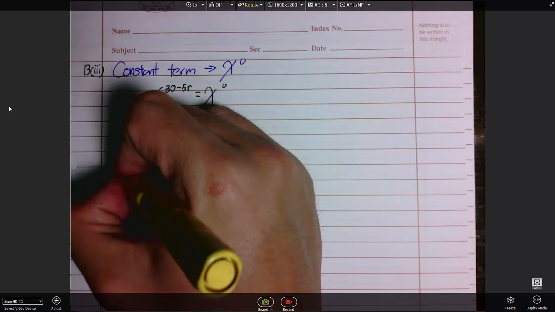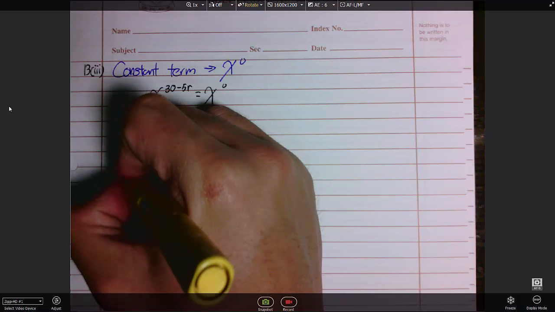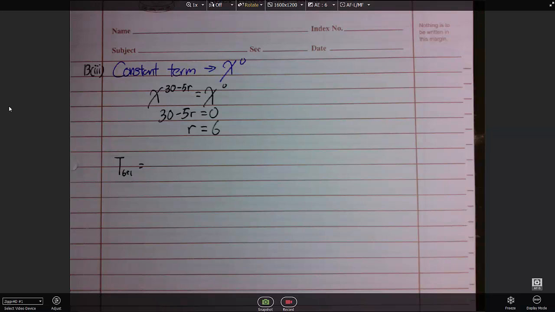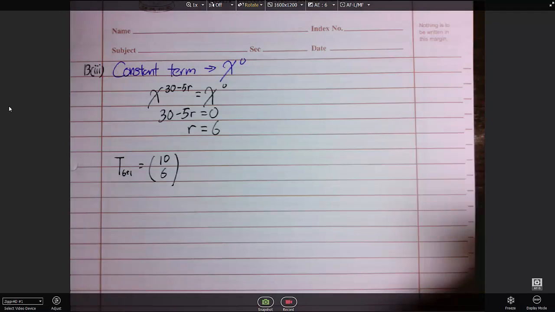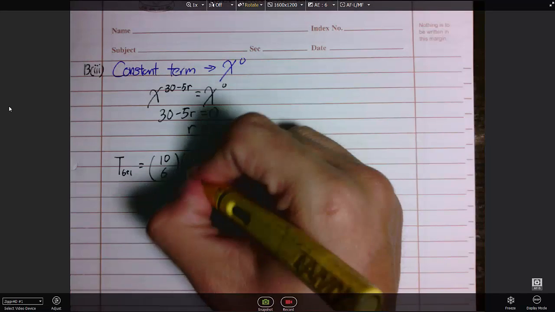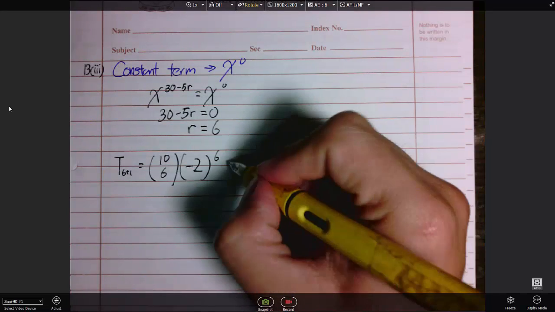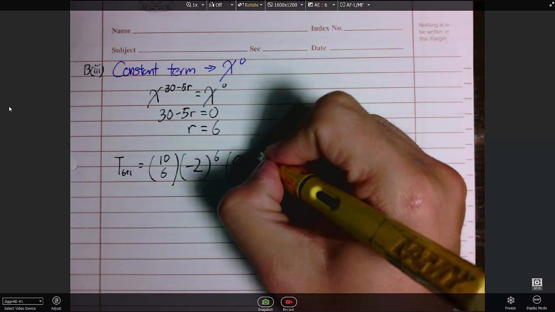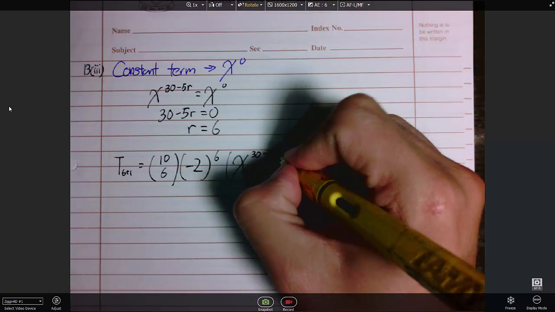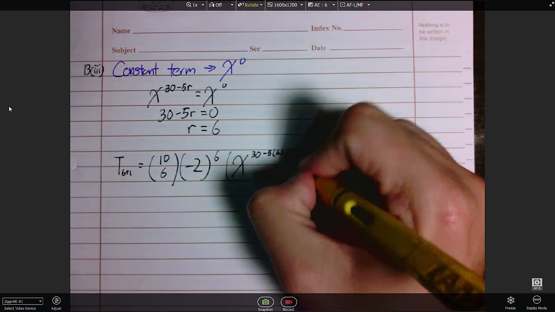T of r plus 1, which is 6 plus 1, is equal to, where is my previous term? My previous term is 10 choose 6, negative 2 to the power of 6, x to the power of 30 minus 5 times 6.